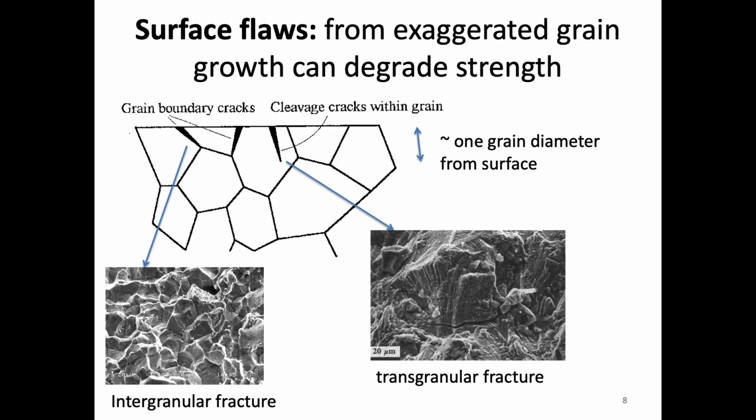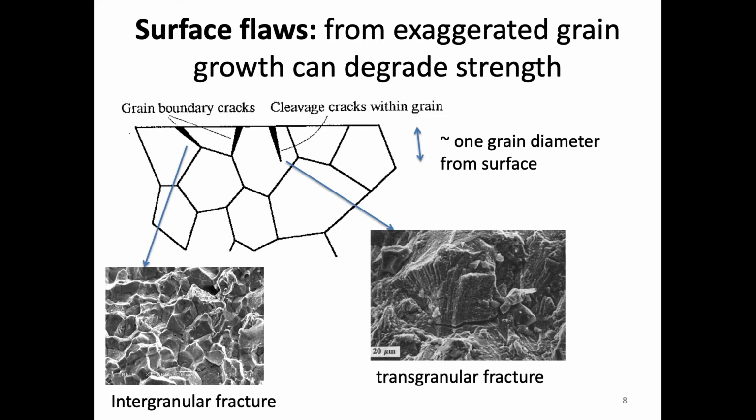They can happen from a number of factors. Here's a schematic showing a flaw developing on the surface. It can happen along the grain boundaries, or it can happen within the grain, a cleavage of the grain structure. So it can be intergranular or transgranular. Those are the two options.